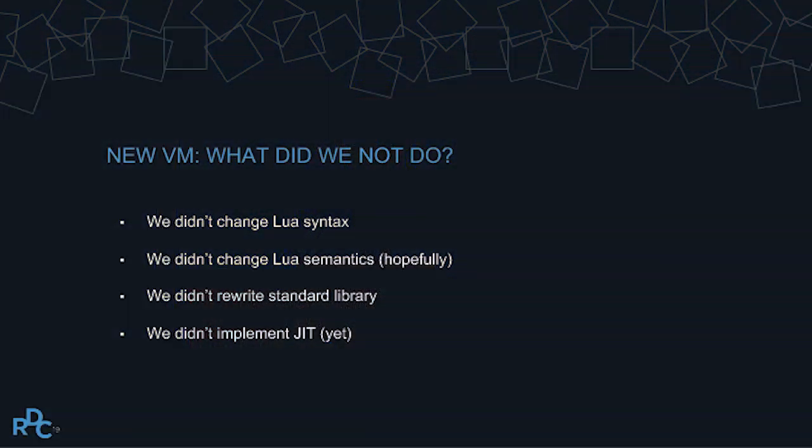But we didn't rewrite everything. So all of your scripts should still compile and should still work, plus or minus a few tiny caveats where people have been using things they should never have been using in the first place. We didn't really touch the standard library, which means that things like table.insert or table.sort didn't become magically faster. The internal implementation is still the same.